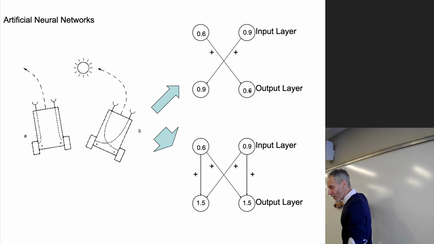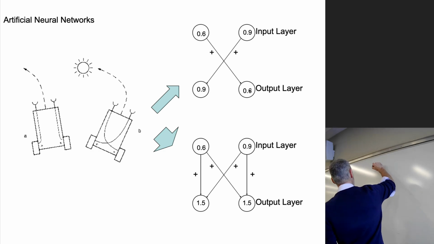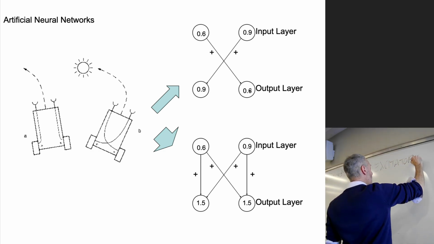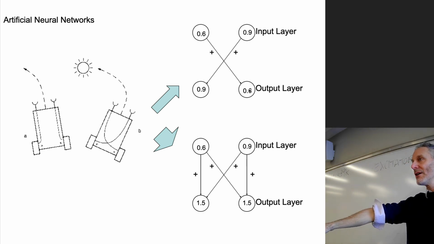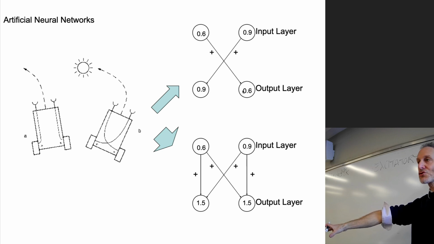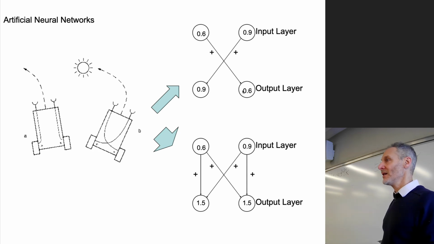ANNs are littered with terminology that's been stolen from neuroscience. An excitatory synapse, not surprisingly, excites the neuron that it connects to. The stronger the value at the tail of this synapse, the stronger the value that synapse passes along to the neuron at its head. So we're talking about this particular synapse now.